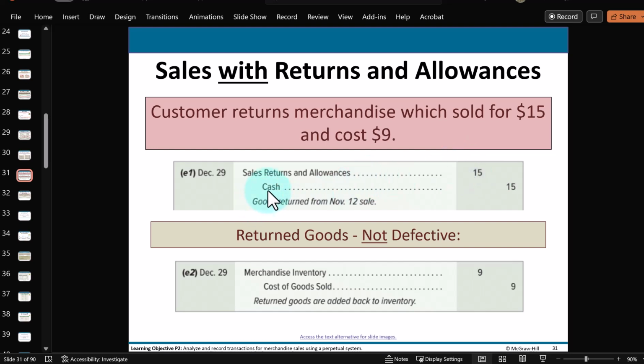And the offsetting credit, we're assuming that we already got the money from the customer. Here's a refund, cash credit going to the customer. Now, if you didn't yet collect the money from the customer, possibly what you're going to be crediting here is the amount they owe you, accounts receivable being reduced with a credit. But in this case, we're giving them a cash refund.